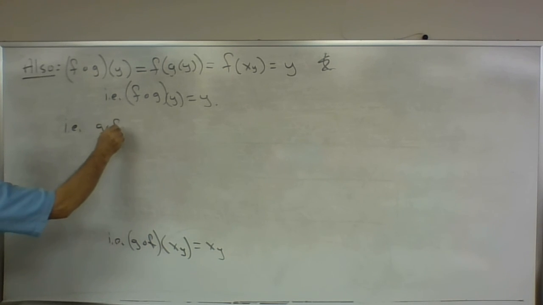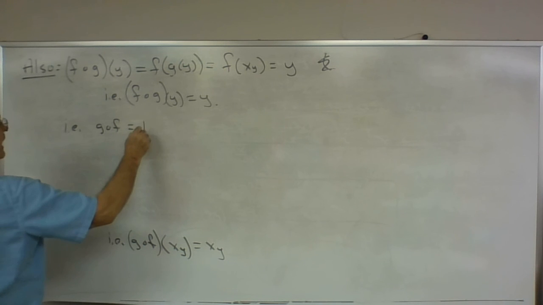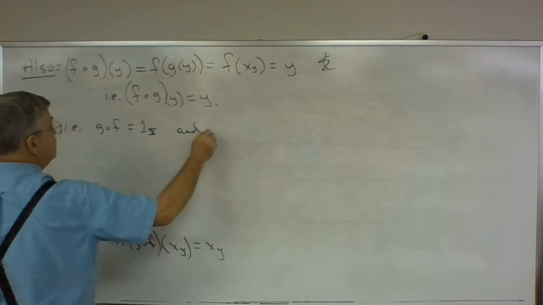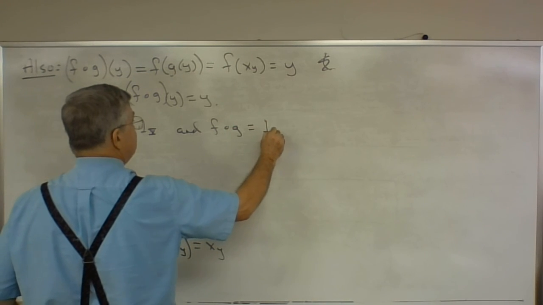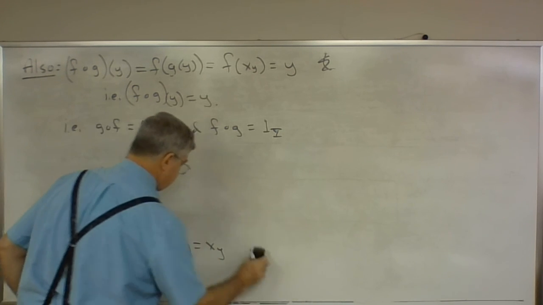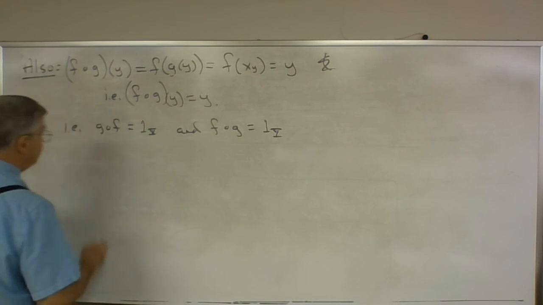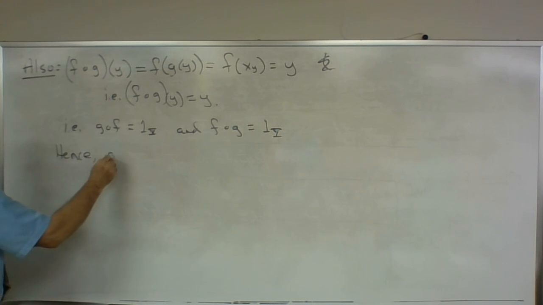So g composed with f is equal to the identity on x, and f composed with g is equal to the identity on set y. Hence, g is the inverse of f.